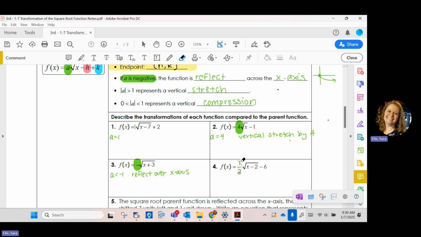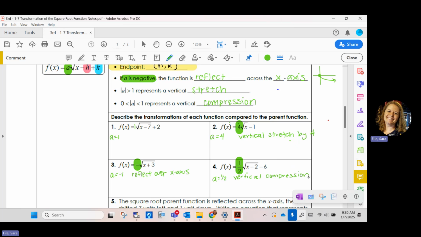One over 2, 1/2. What does that do? Very good. It's less than 1, so it's a vertical compression. Awesome. All right, so we've got down A.